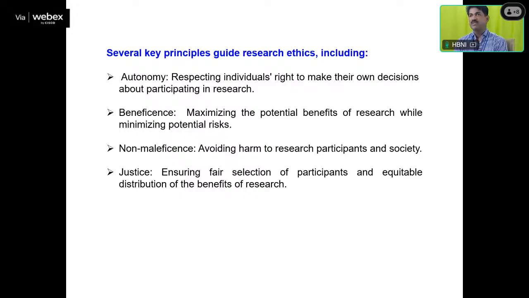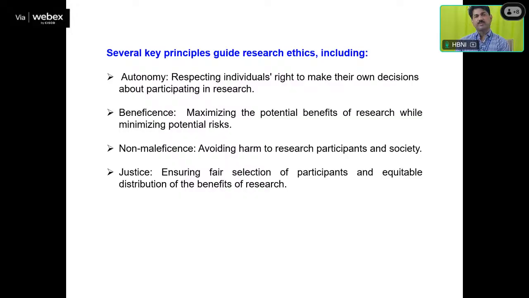Those things we have to clearly mention to the individuals who are participating in our research. We have to tell them that these are the benefits, and there is also a risk factor associated with that. And as a researcher, we feel that it will be much more beneficial compared to the risks. So we have to balance that.